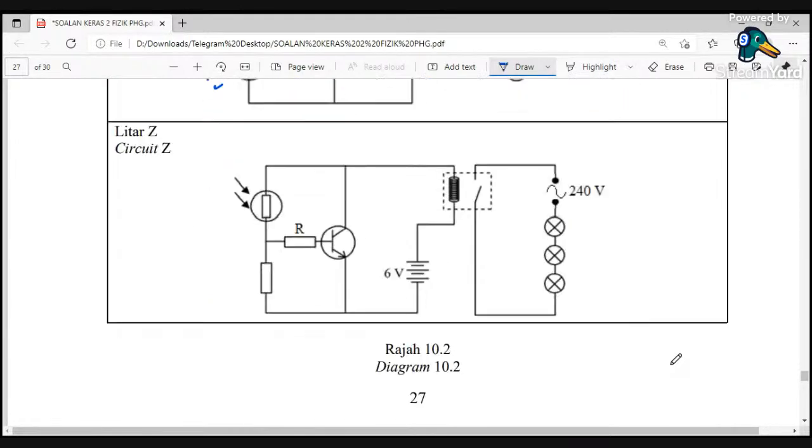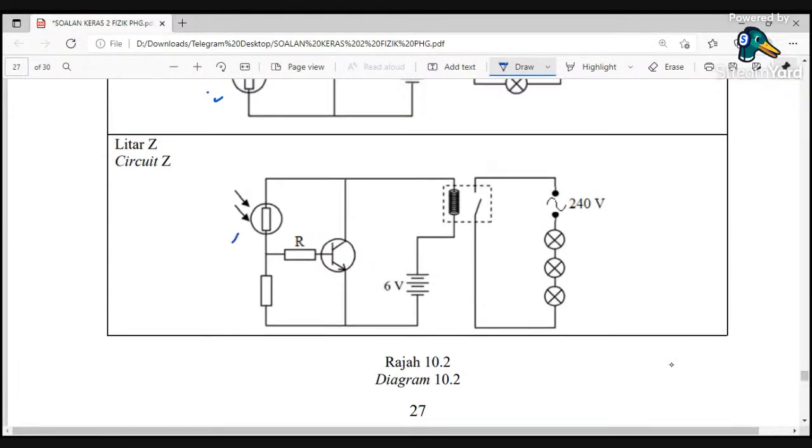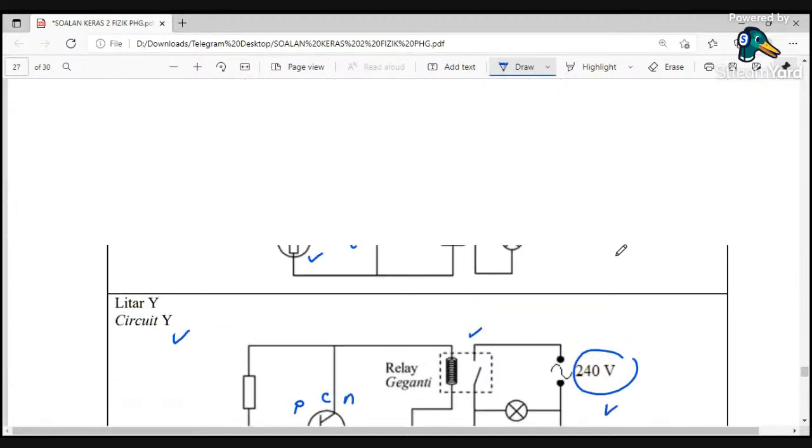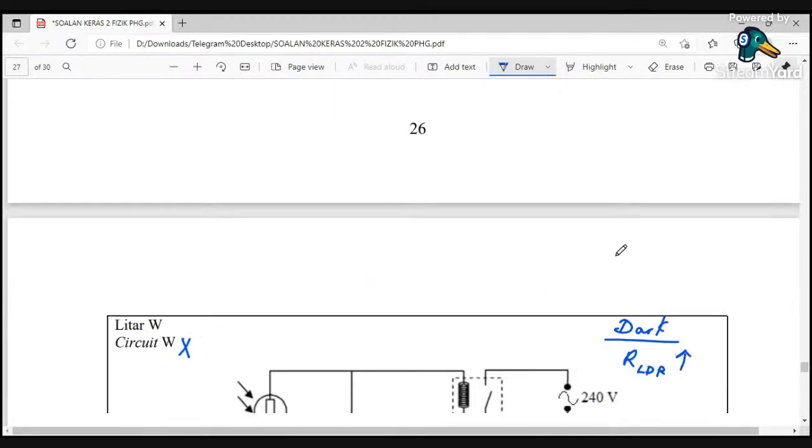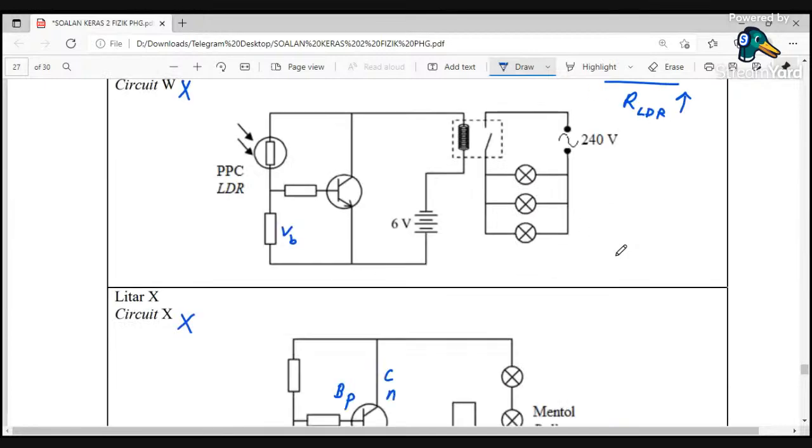Adakah Z boleh? Yes, Z cannot already. So you can see LDR dia ada di sini, so ini tak mau. Okay, even though the rest all can, but the bulb here, nampak, bulb di sini ini adalah series. Okay, kita nak dia hasilkan yang apa? Brighter. Maksudnya kalau dia parallel, dia akan dapat larger voltage, 240 volt setiap bulb ini.